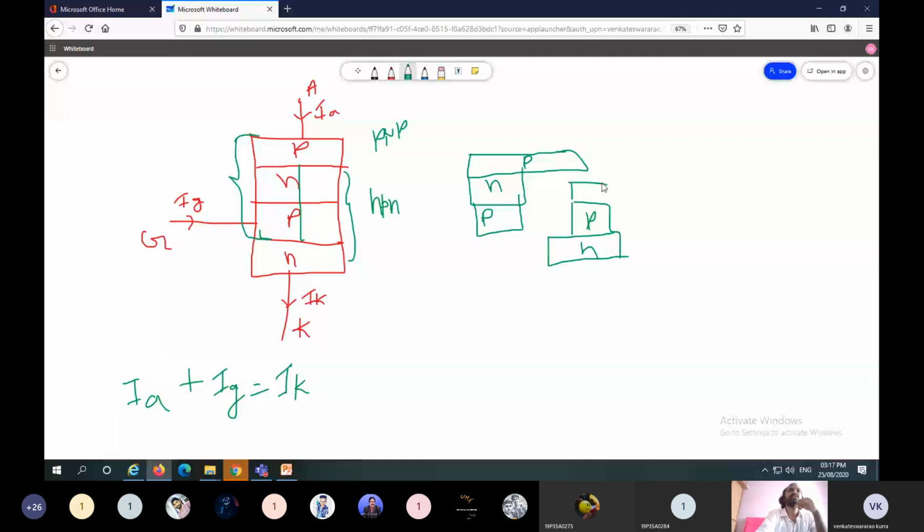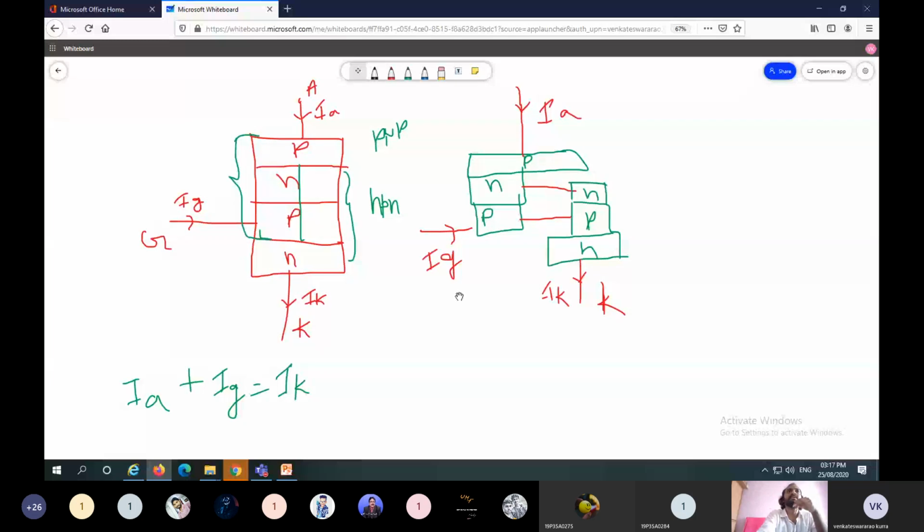So here the currents are like this. This one is IA, and there is a connection between N and N, and P and P, and this one is the cathode K. The current flowing through the cathode is IK, and this one is the gate, and the gate current is IG like this.